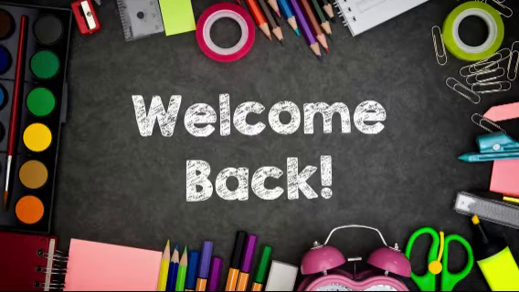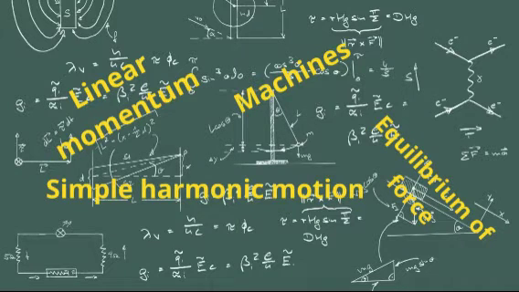First of all, going through a recap of what we did last term, we went through a few topics such as linear momentum, where we looked at the momentum of bodies in motion. We looked at machines.